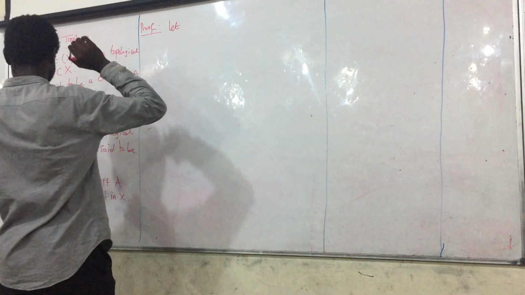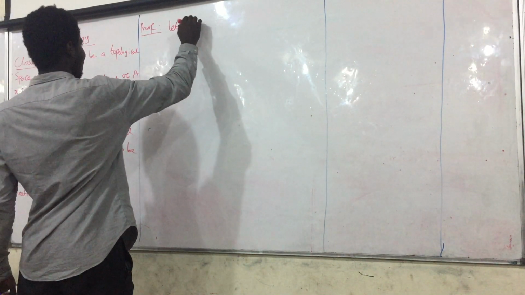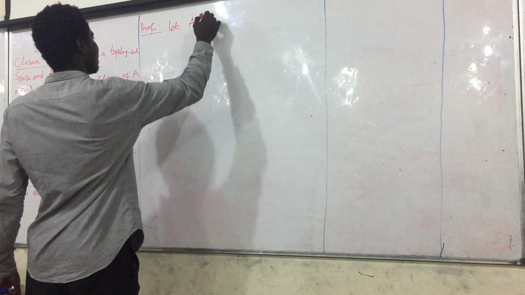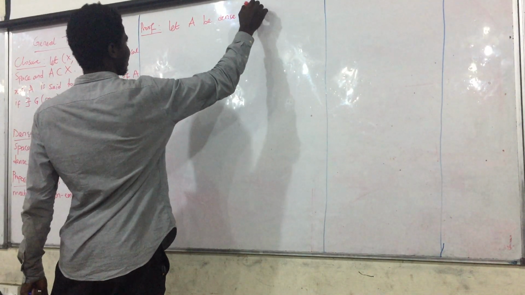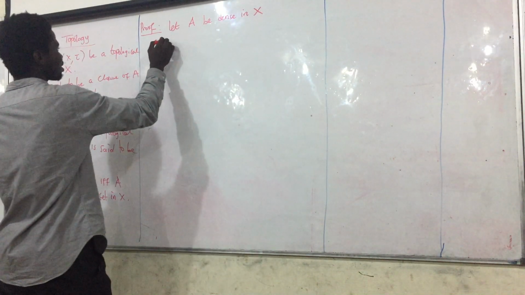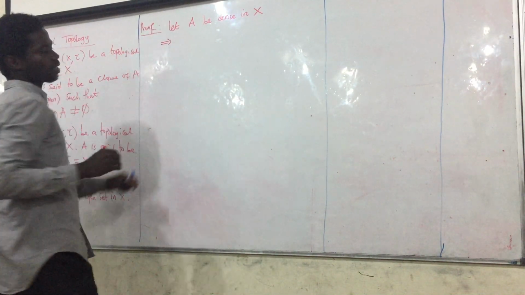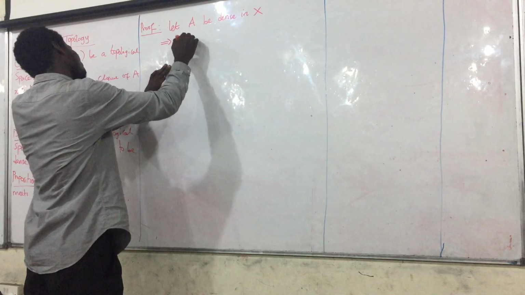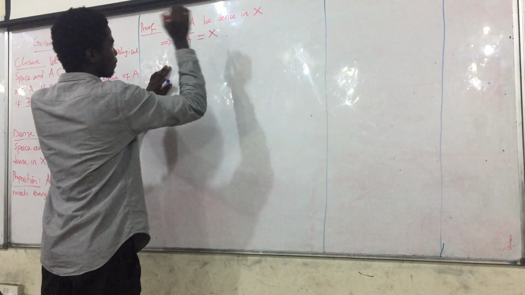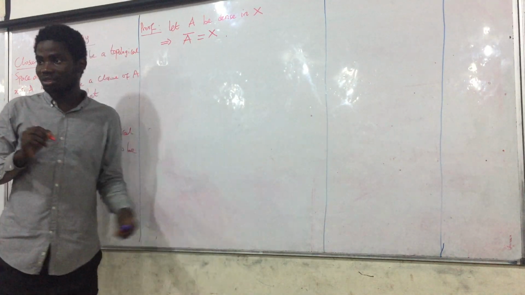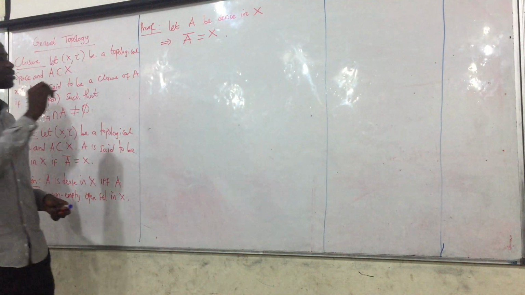So now let A be dense in X. What does that mean? It means that the closure of A is X, isn't it? And what does that mean?